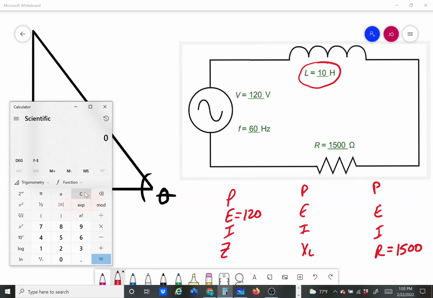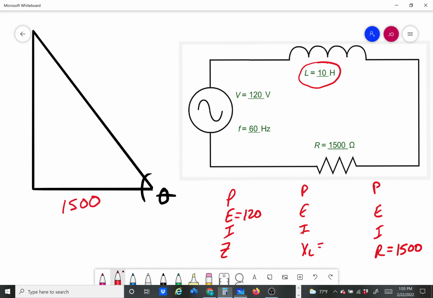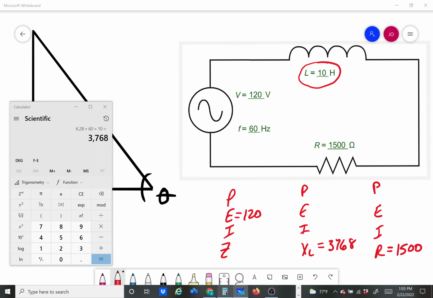XL equals 2 pi F L. So I'm going to take the JATC's recommendation of using 3.14 times 2 is 6.28 for 2 pi, times F, a frequency of 60 hertz, times my inductance value of 10 henries. And now I have an inductive reactance of 3768 ohms. Is that correct? Yeah, 3768.